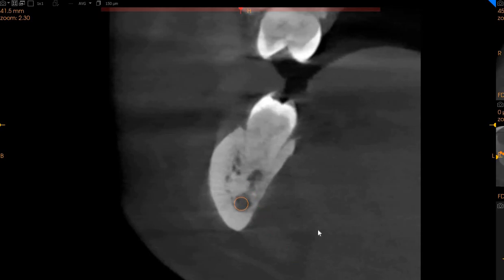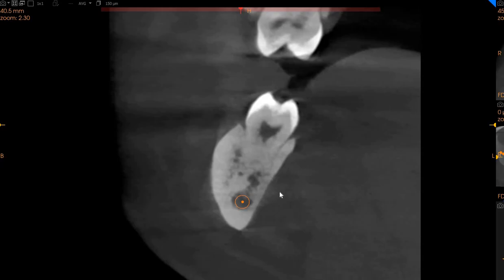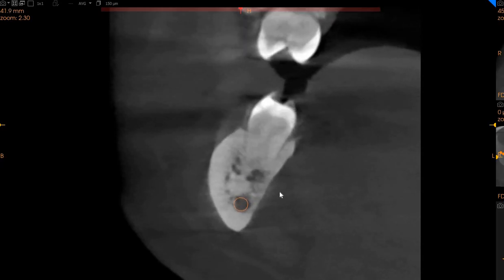So we can definitely confirm the root morphology. We can see that there is no clear change in the cementum. So it could be a cementoblastoma or it could be hypercementosis at the apex of the 8.